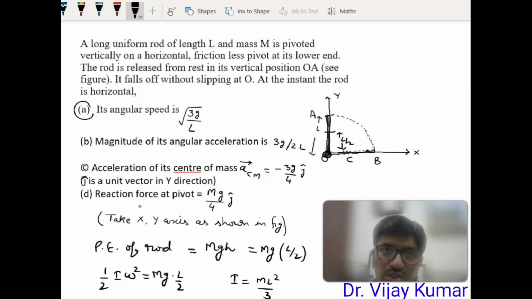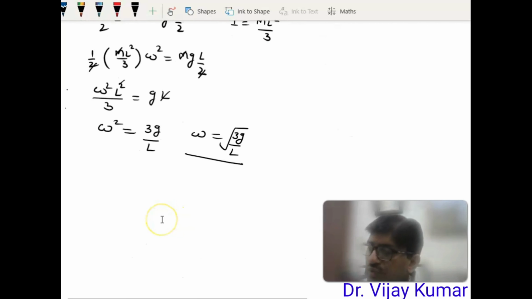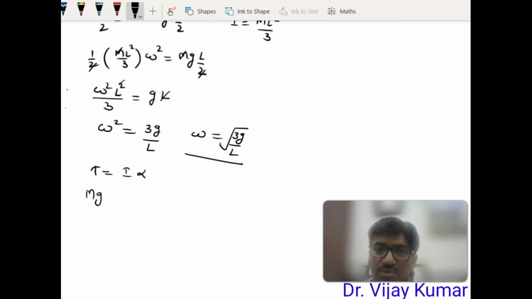Option A is correct. And as we know, in this question more than one option may be correct, so we will try to obtain the angular acceleration. So we will calculate the torque. We know that torque is I into alpha, and torque is mg L by 2, and I is ml square by 3, into alpha.